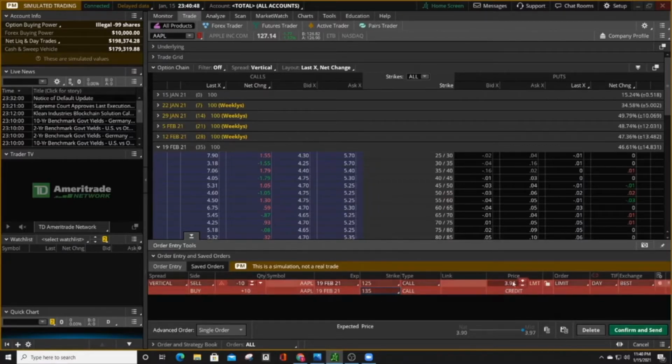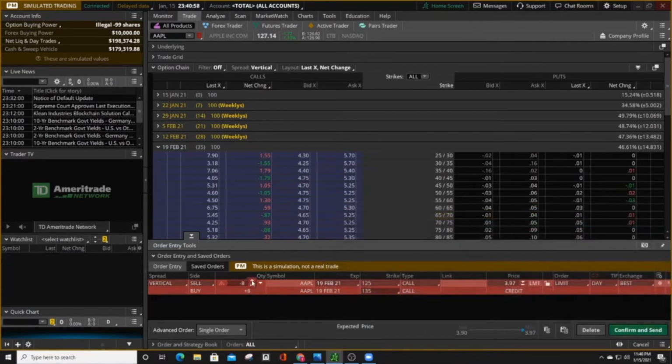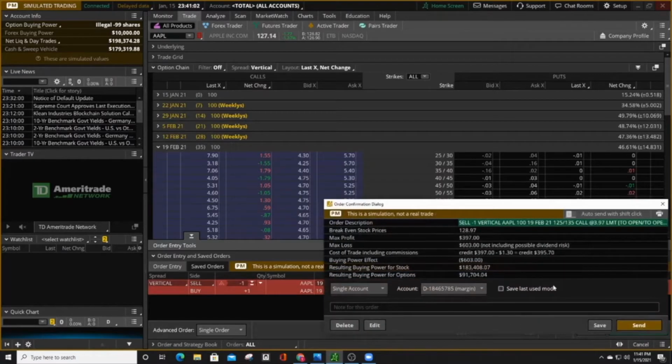This will be our maximum profit, 397, because it's a difference of 10, and our maximum loss, let's change this to 1 to make it easier, is a difference, which is 603.